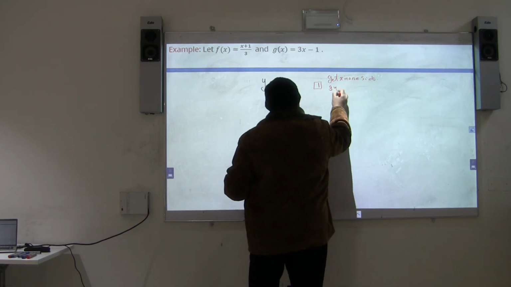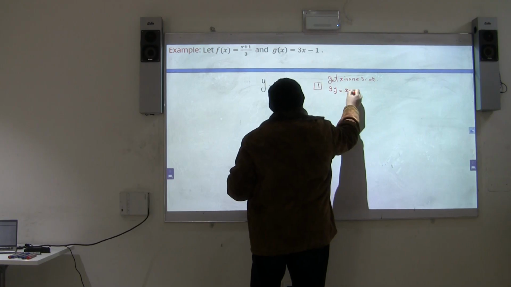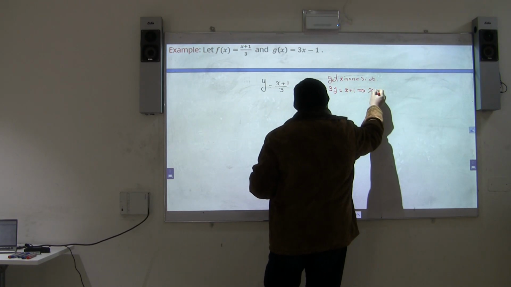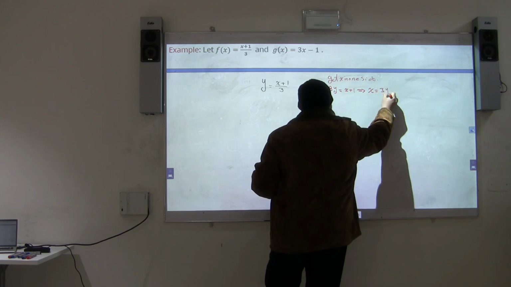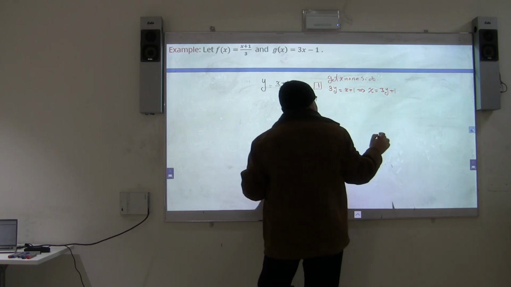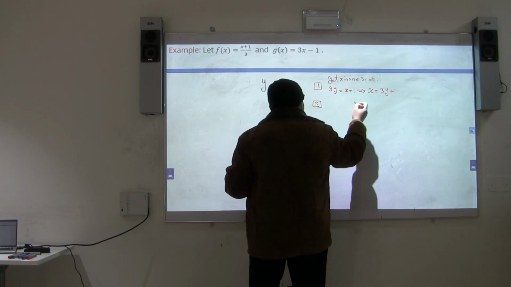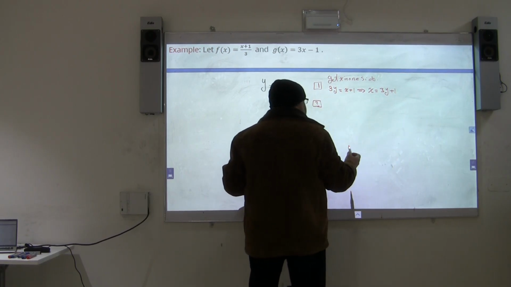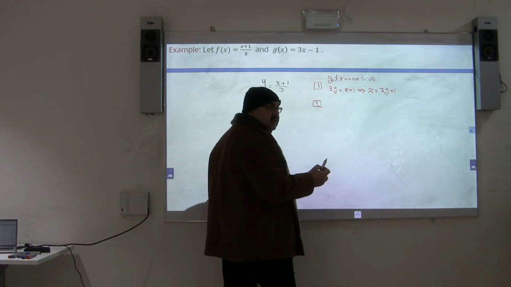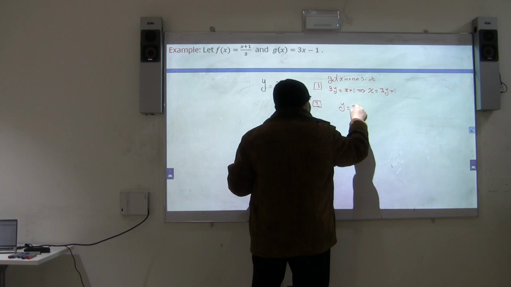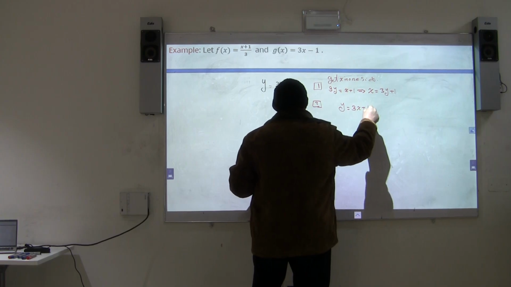So you will have 3y equal to x plus 1, which will lead to x equal to 3y plus 1. That's the first step. The second step, my friend, is to replace each x and y by vice versa. So I would have y equal to 3x plus 1.